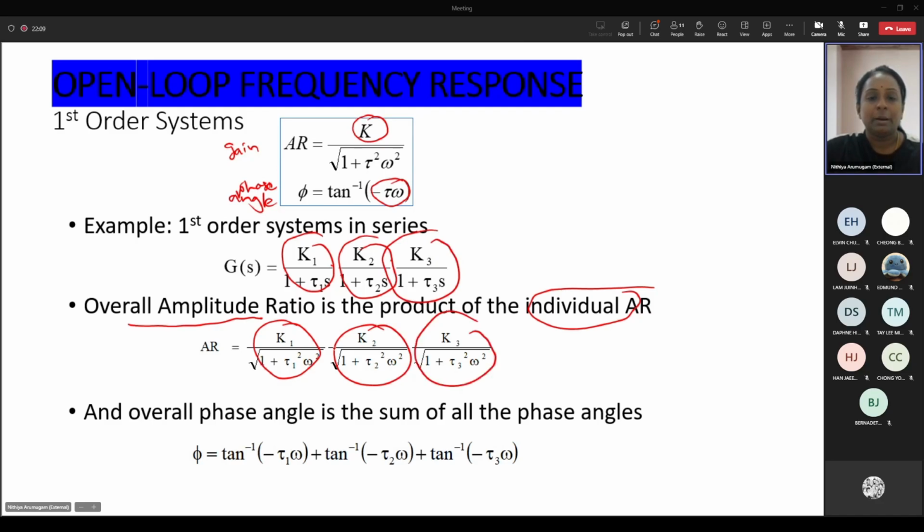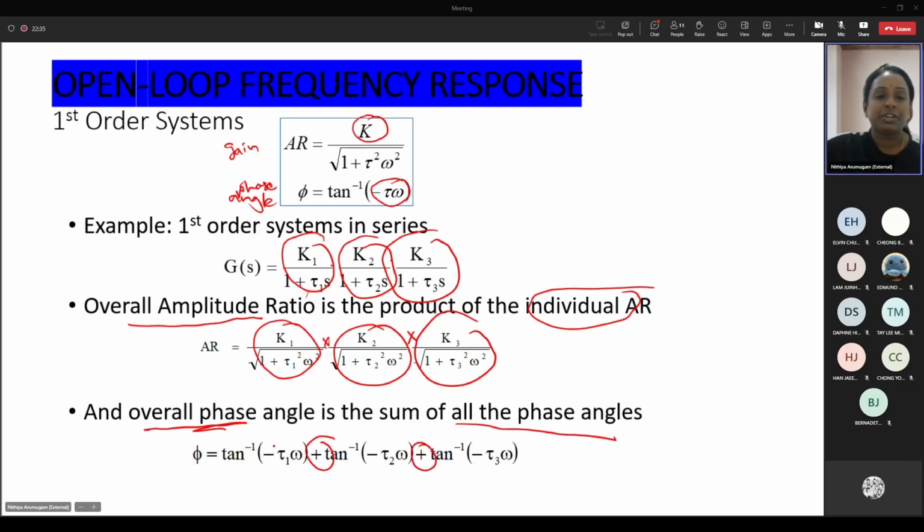So it will be a product, a multiplication, of all these amplitude ratios. That is for gain. Now, when it comes to the overall phase angle, it is going to be the sum of all the phase angles. So I need to find the phase angle for the first term, second term, and third term separately, and then sum all of it.